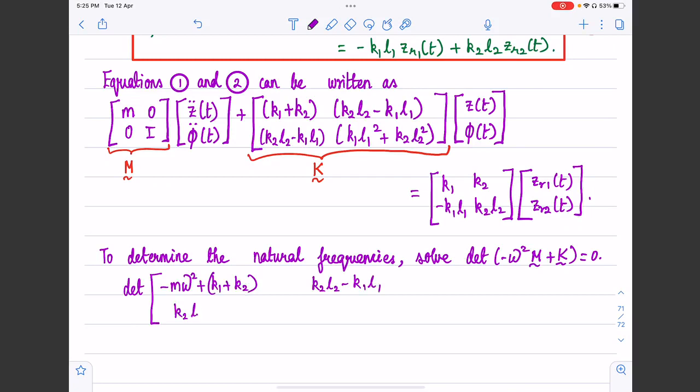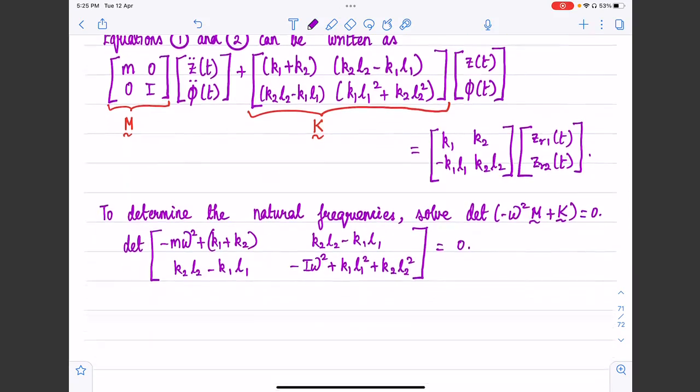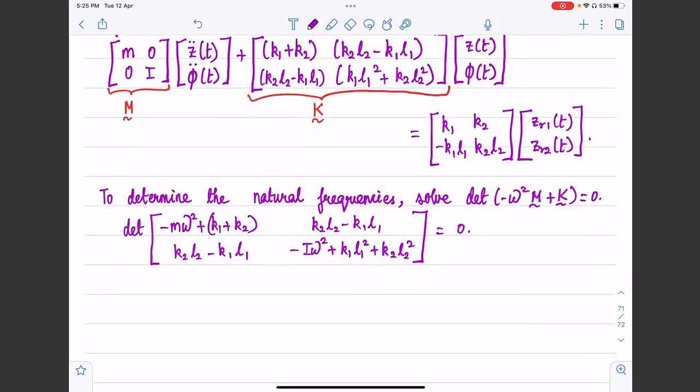Then here also we have K2 L2 minus K1 L1. Then we have minus I omega square plus K1 L1 square plus K2 L2 square. Okay, and that's going to be equal to 0. All right. Okay. So of course, please bear with me. I think we are almost there.